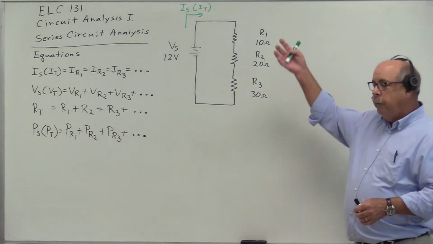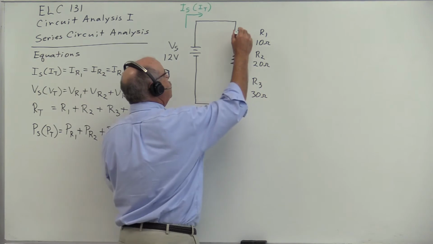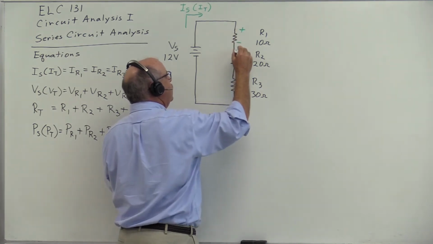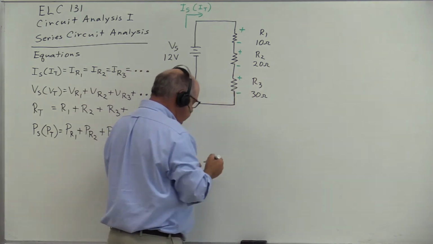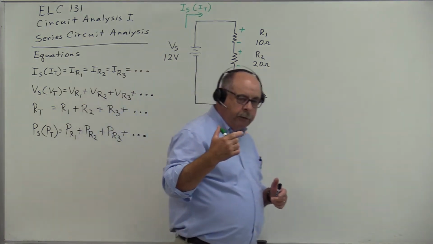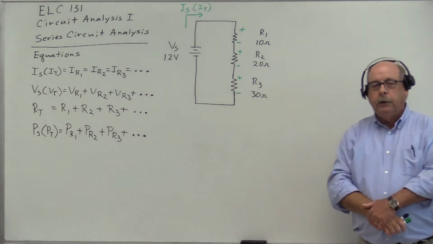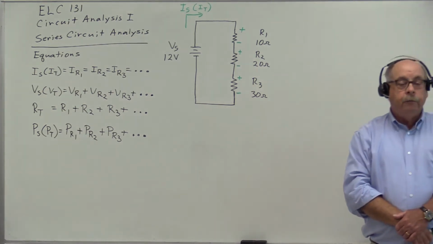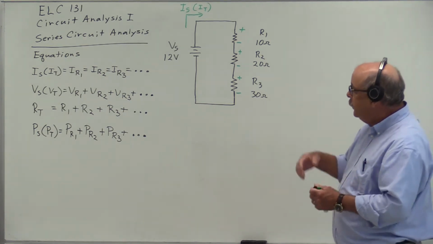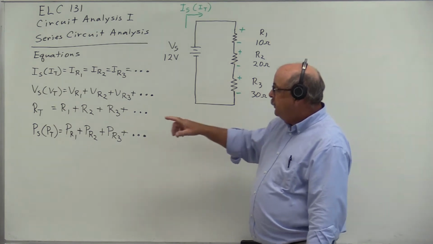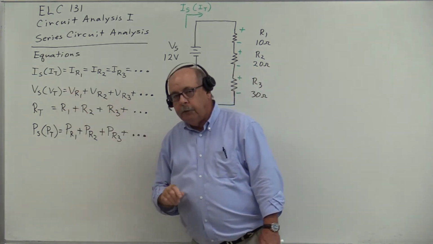Now, whenever current flows through a resistive element, there'll be a voltage drop, a potential difference across those resistances. And again, the algebraic signs associated to these voltage drops are determined by the direction the current flows through these. And Kirchhoff's voltage law tells us that in this circuit, the sum of the individual voltage drops must add up to the voltage source.